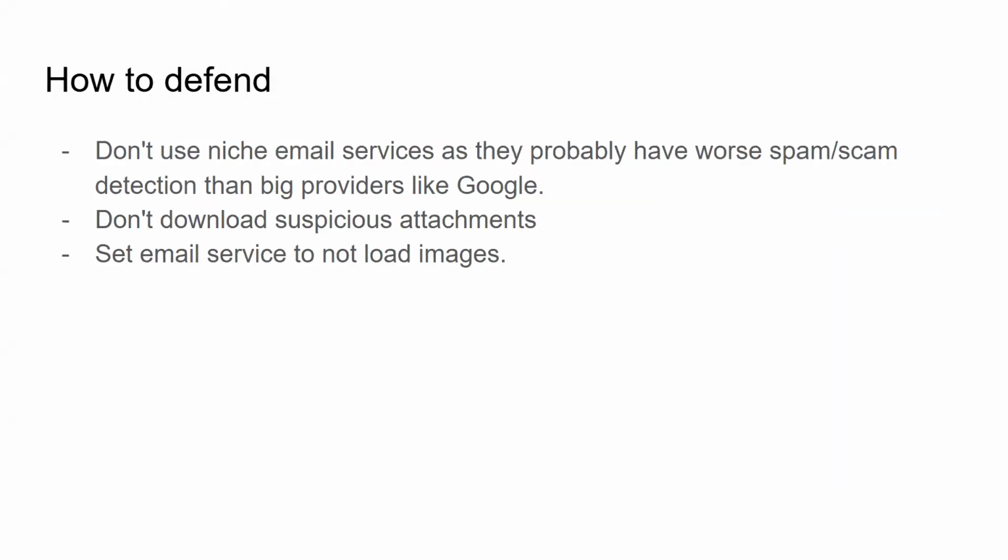But you definitely don't wanna use niche providers either. I don't think Proton has very good scam detection. Basically you don't want to use small providers, and I guess the big ones aren't that good either. Don't download stuff, and you can automatically set your email to not display images, which I would definitely recommend.